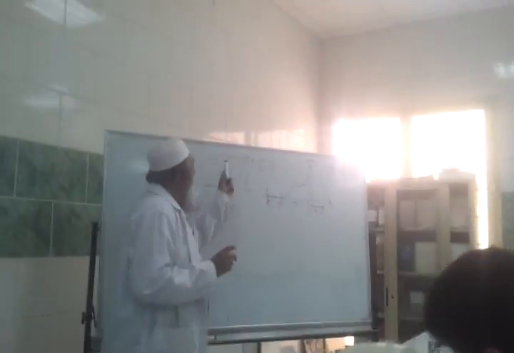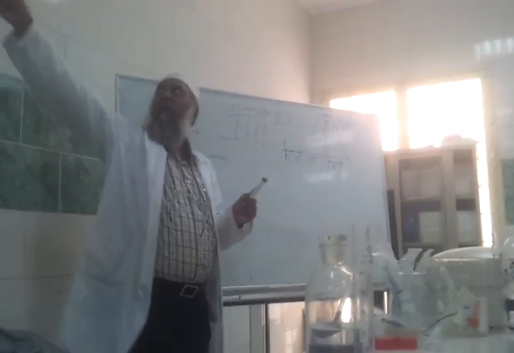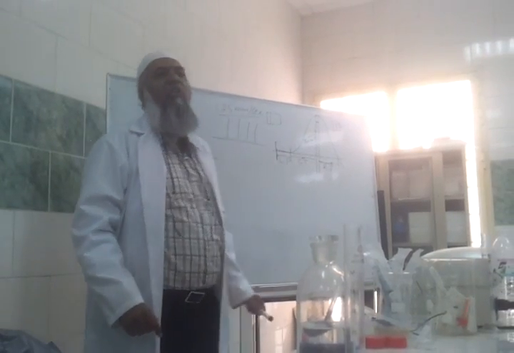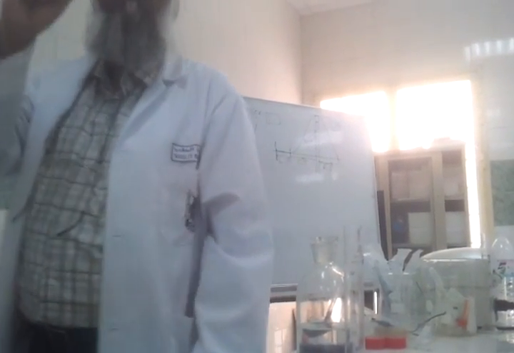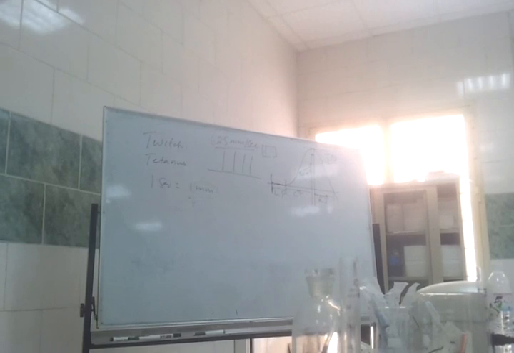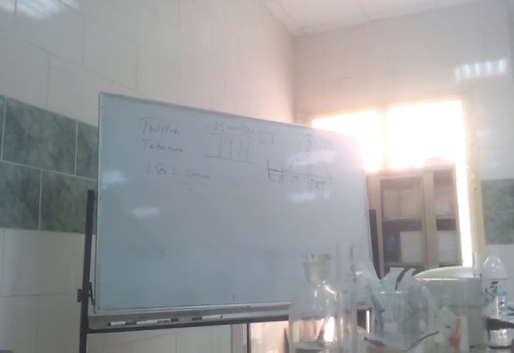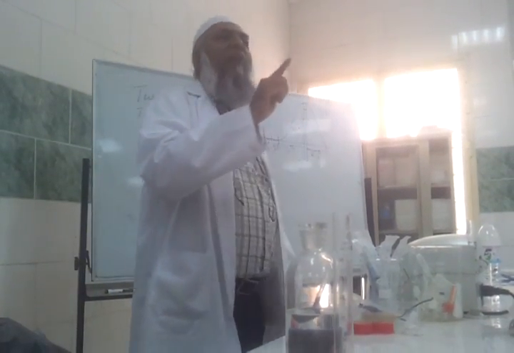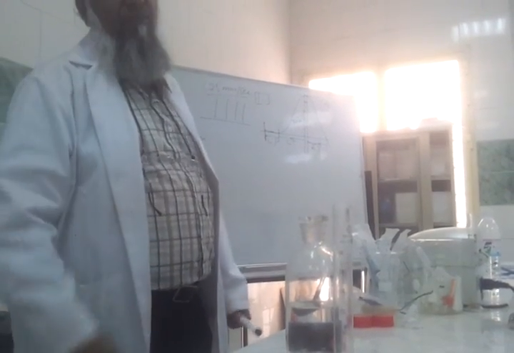Now suppose that the paper speed in this case is 625 millimeters per second. That means in 1 second 625 squares are covered, because 1 square is equal to 1 millimeter. So if 625 squares are covered in 1 second, then how much time is there for 1 square?